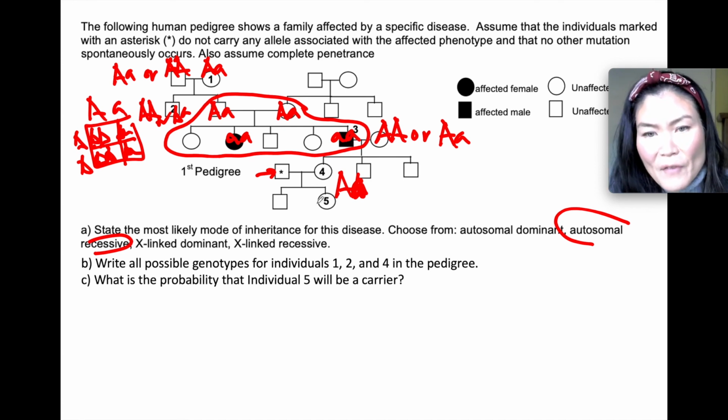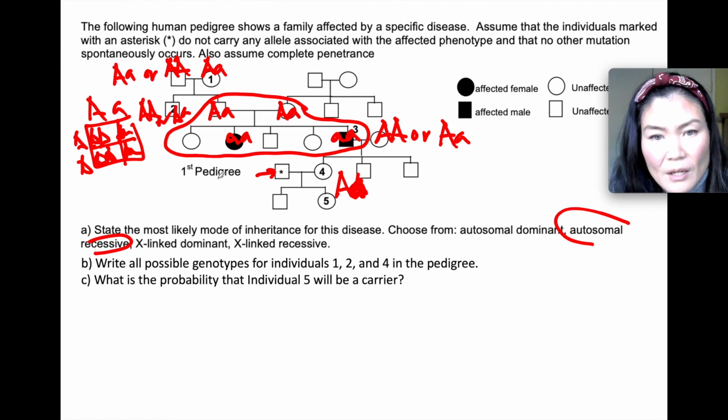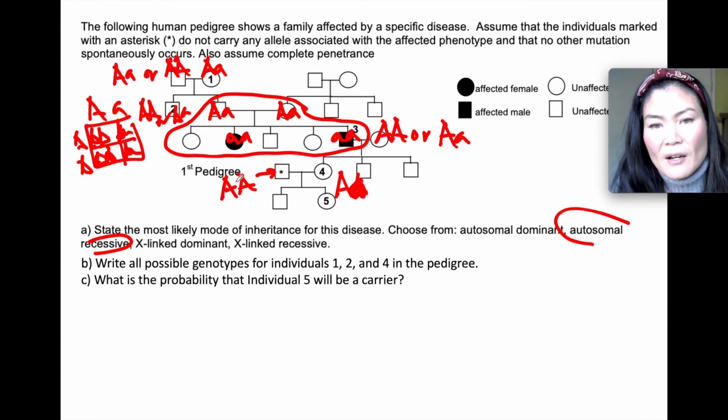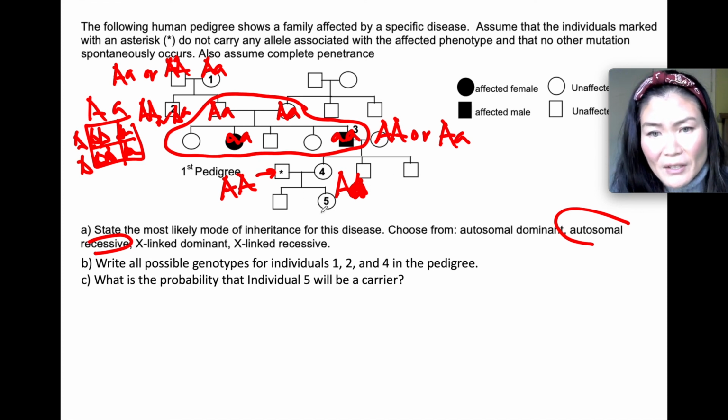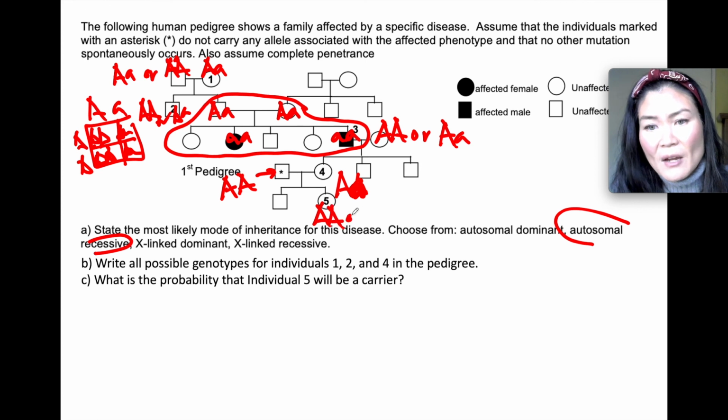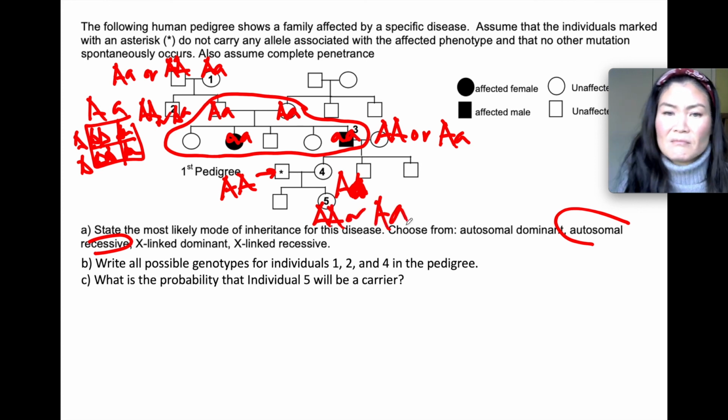Okay, and then number 5, here's the thing with number 5. With the asterisk, they said there's no history of it. So they're trying to tell you that it's got to be big A, because there's no history of this allele in their family. So it's big A. So then if it's big A, little a, then number 5 doesn't have it, could be big A, or big A, little a.